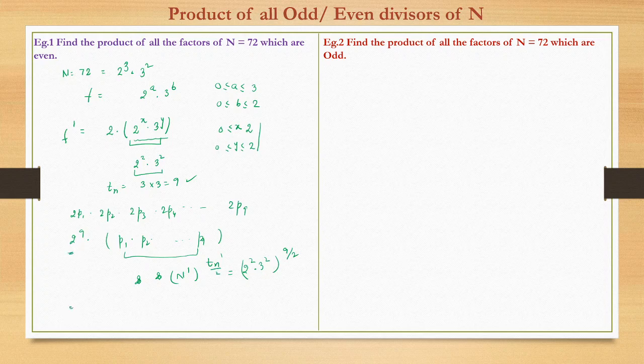So the final answer would have been 2 raised to power 9 into 2 square into 3 square raised to power 9 by 2. This we can further simplify as 2 raised to power 9 into 2 raised to power 9 into 3 raised to power 9. So basically 2 raised to power 18 into 3 raised to power 9 would have been the answer. This appears to be a bit complicated, so we can further simplify this. This question we'll take at the end.